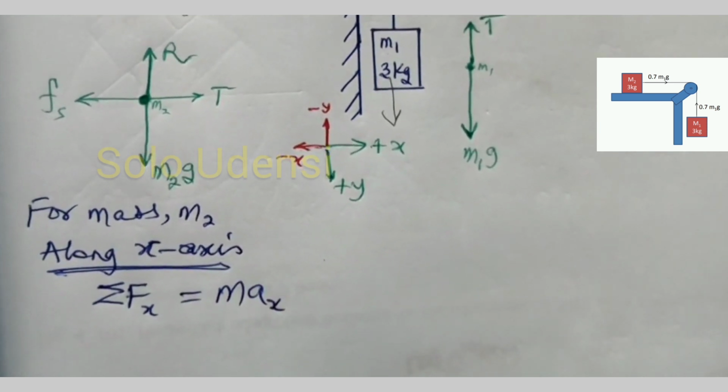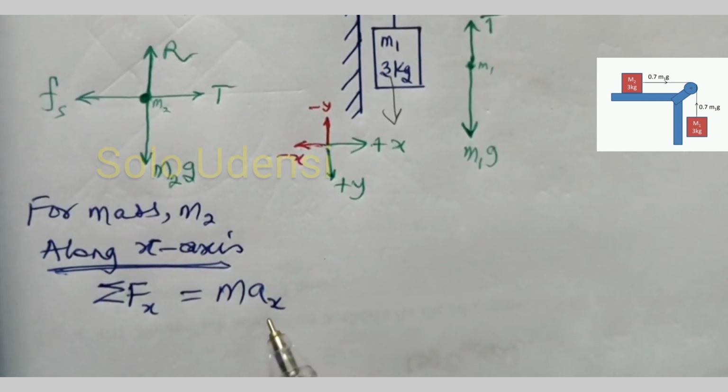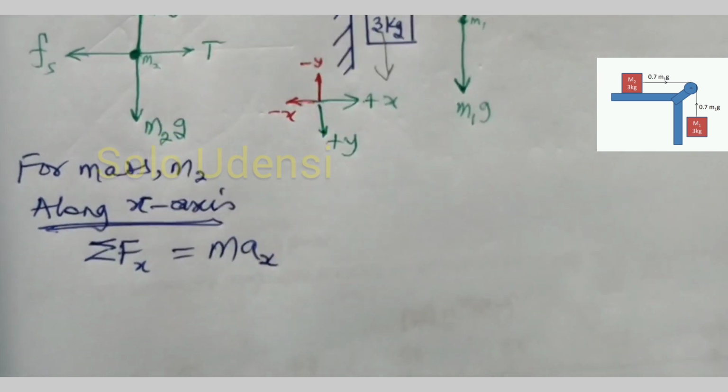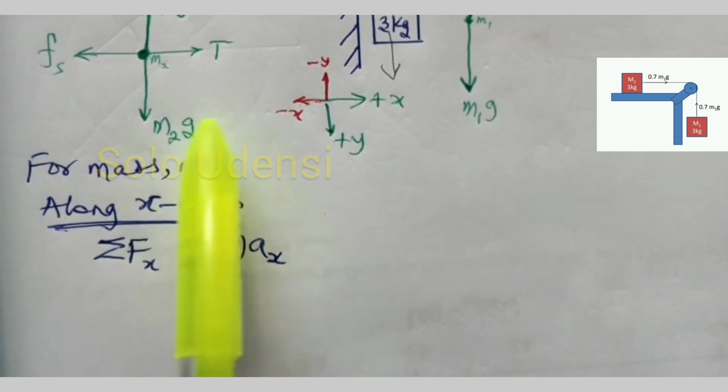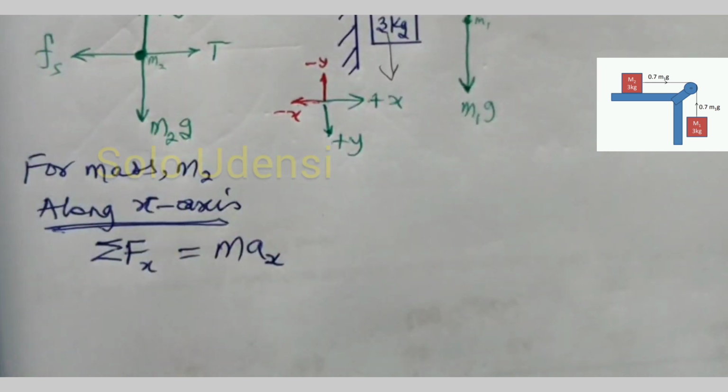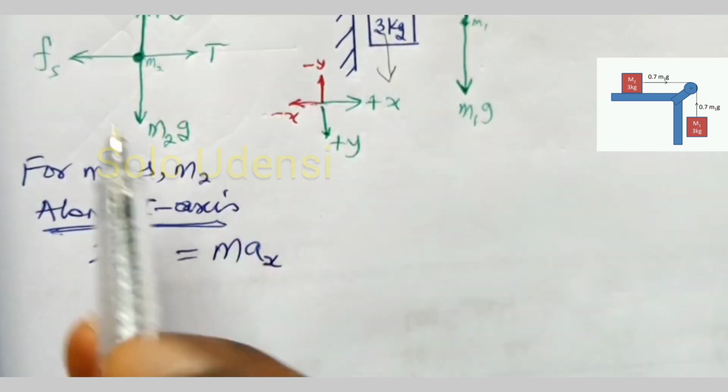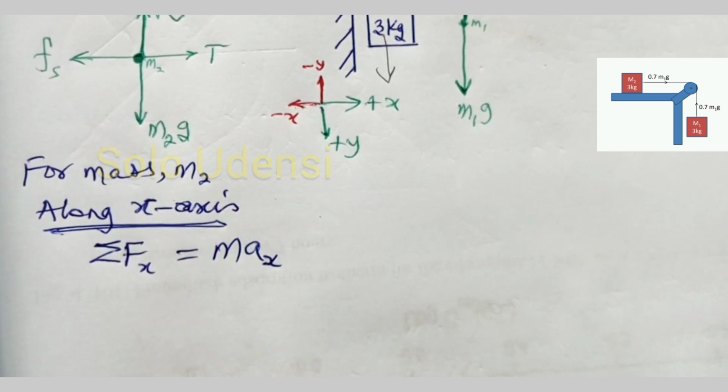All the forces will be equal to m times the x component of acceleration. The forces acting along the horizontal are T and Fs, where T is in the positive direction while Fs is in the negative direction.